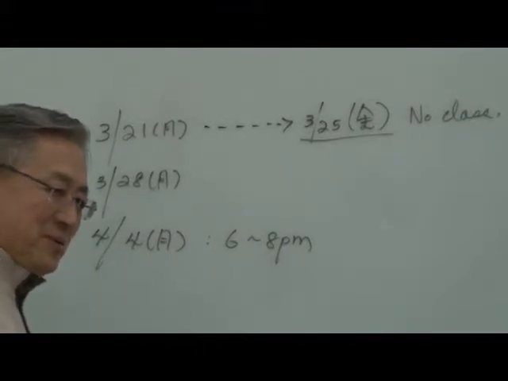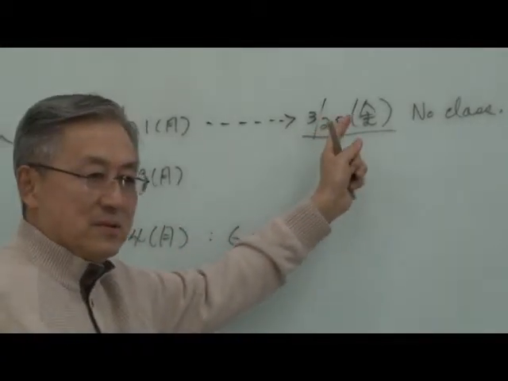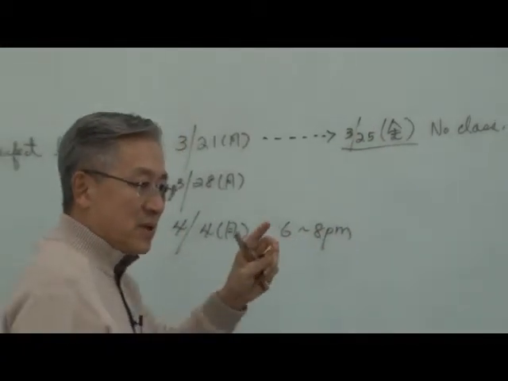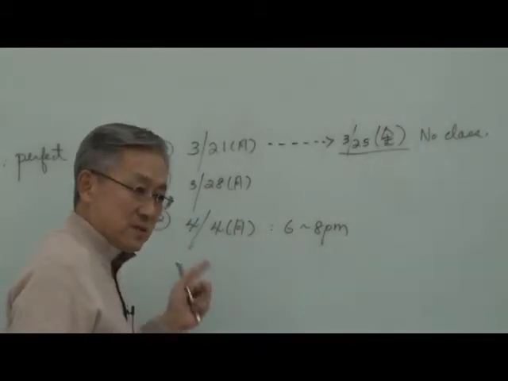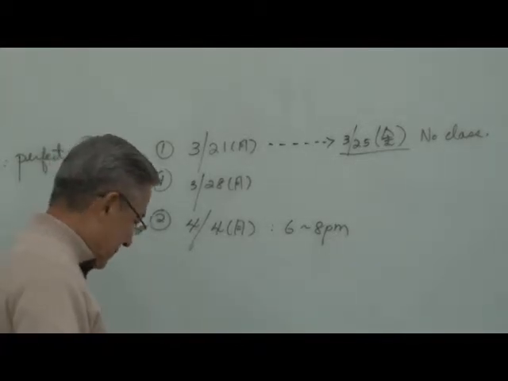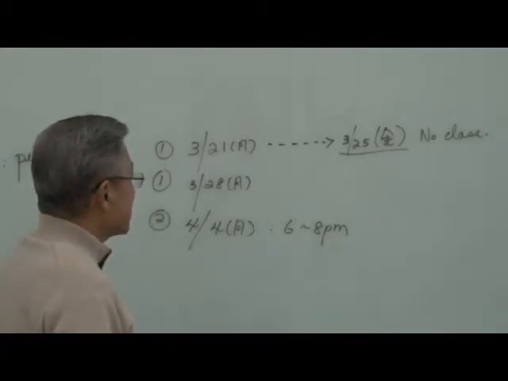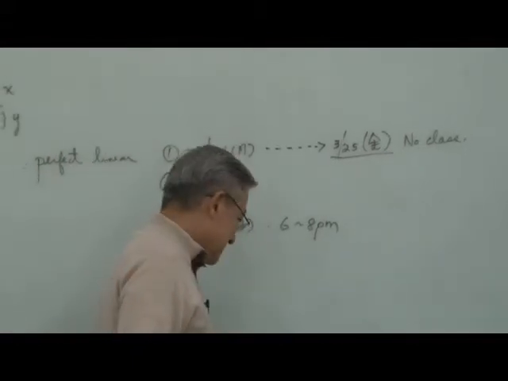So we're all going to go together. But anyway, no class on the 25th. Then I will make up full classes, okay? So I think everything is all fair. All clear? Youngbin? Clear?